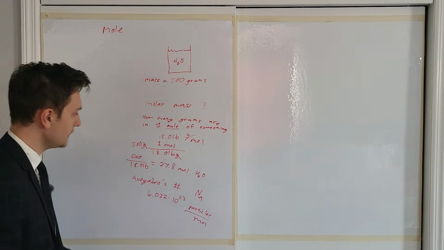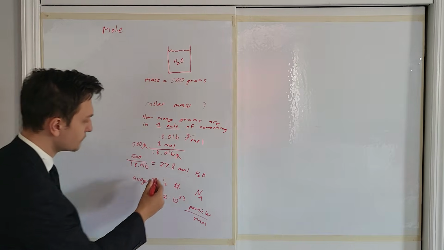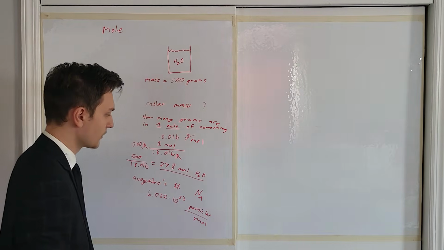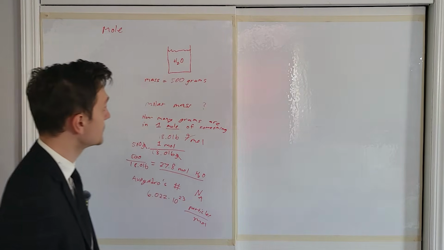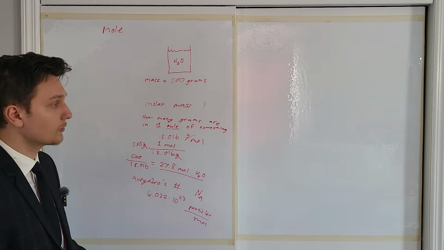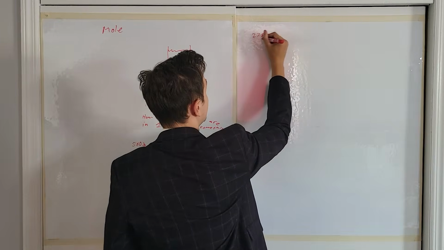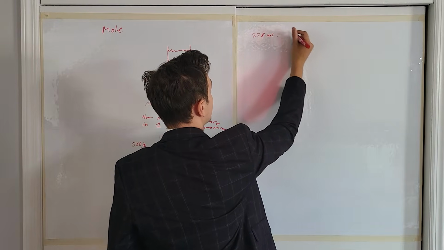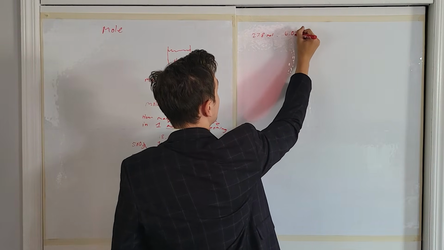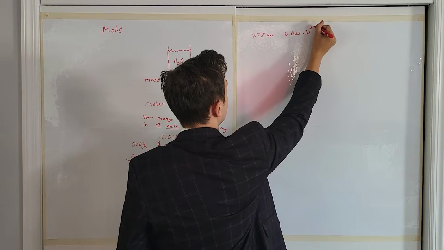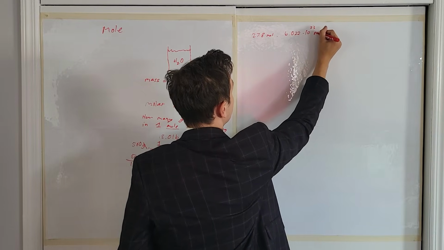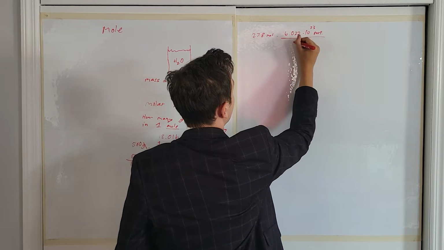What that means is if I take this mole quantity that I calculated earlier, and I want to find the number of molecules of H2O, the number of particles, I can do 27.8 moles times 6.022 times 10 to the 23rd particles per mole.